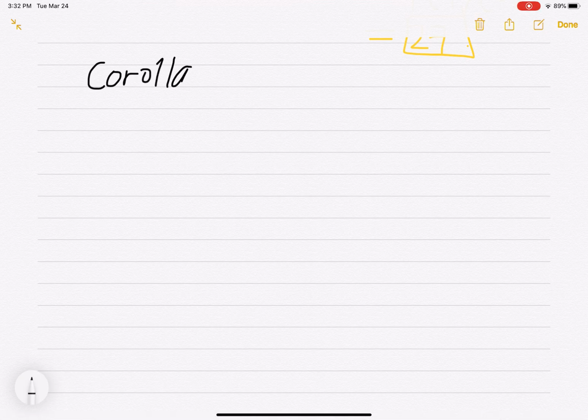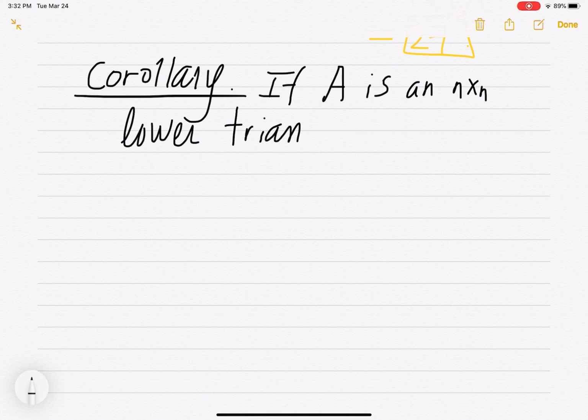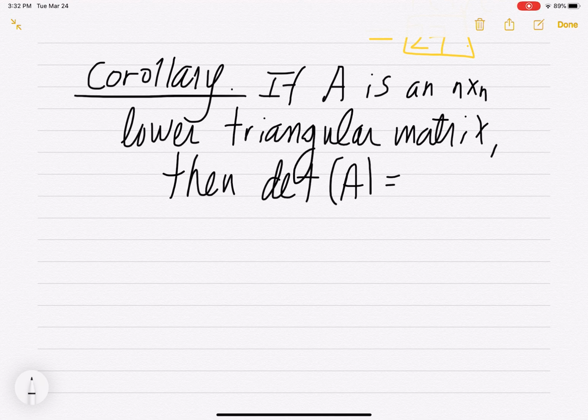So corollary: if A is an n by n lower triangular matrix, then the determinant of A is the product of the main diagonal entries, a11, a22, a33, and so on and so forth, ann. All right, I think that's it for now.